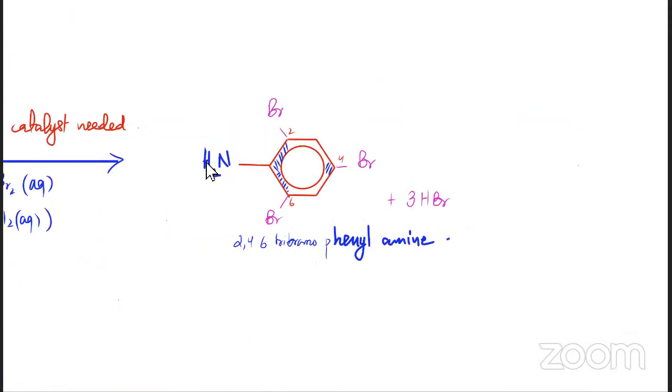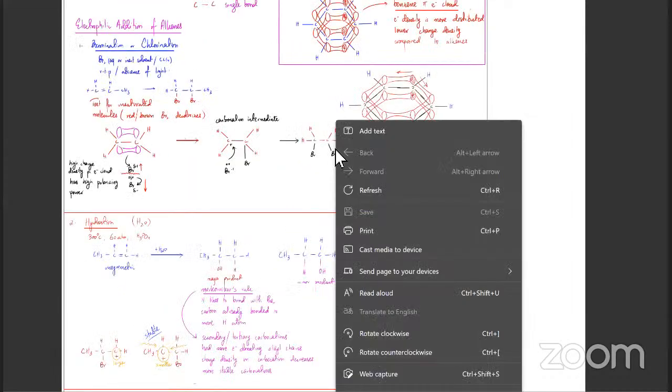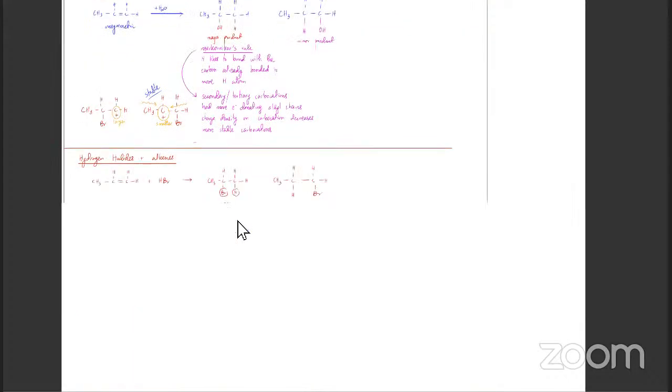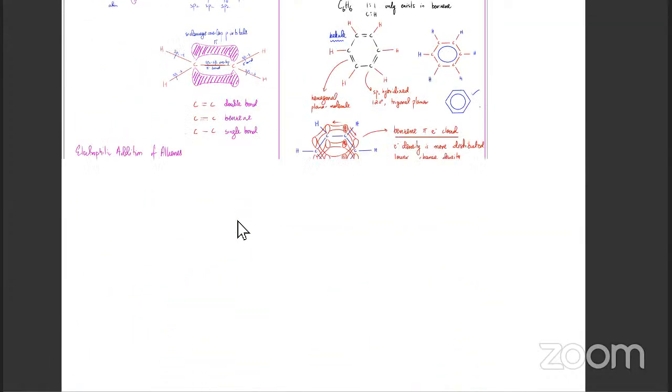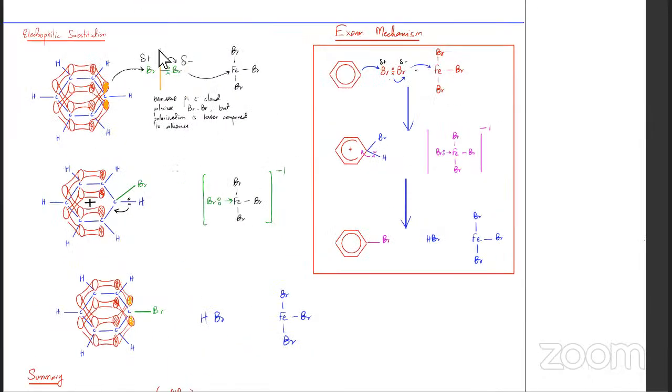I'll show you what's happening. If you look at your notes, remember this: benzene had electrophilic substitution, which was this one. A positive electrophile would come and approach it, and that positive electrophile would steal one of the electrons from the pi electron cloud and bond with it.